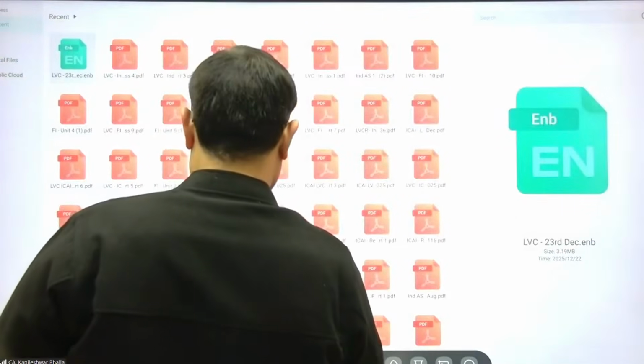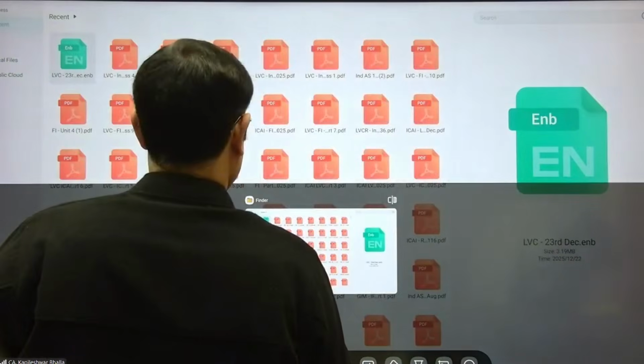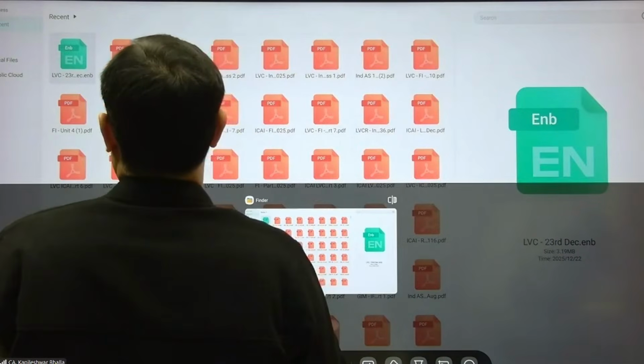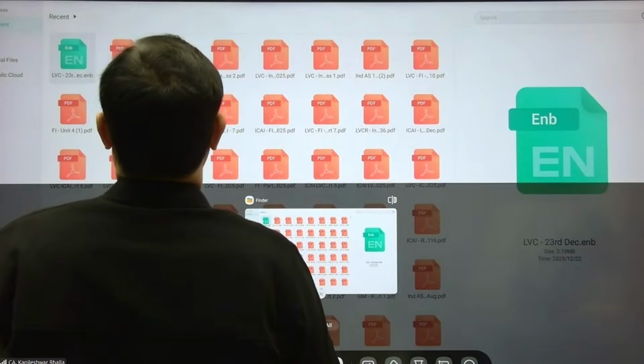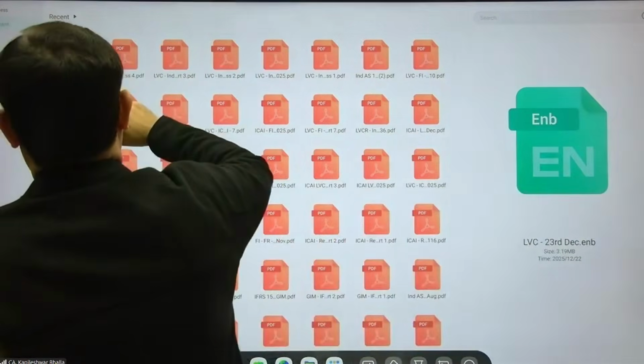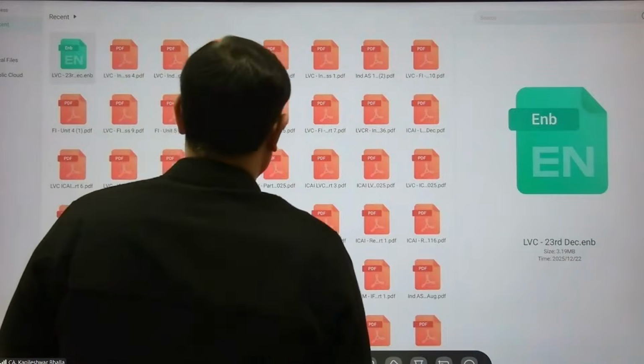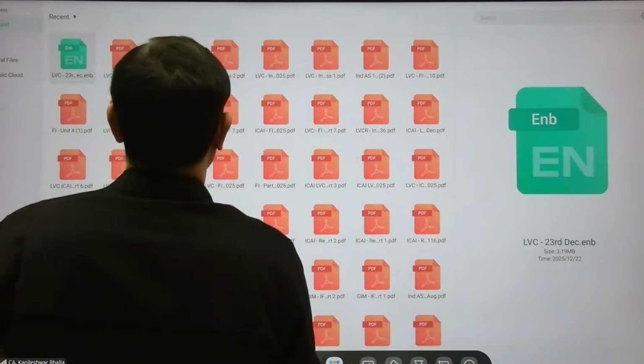I hope the file got saved. My God, something went wrong. Is the entire file got corrupted in this case? I don't know. Let me just check this out.